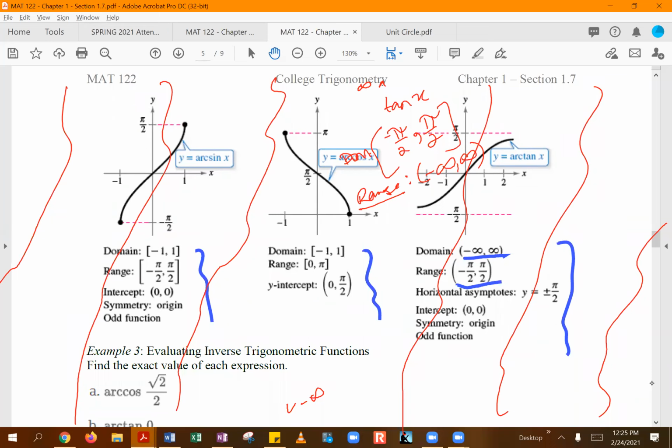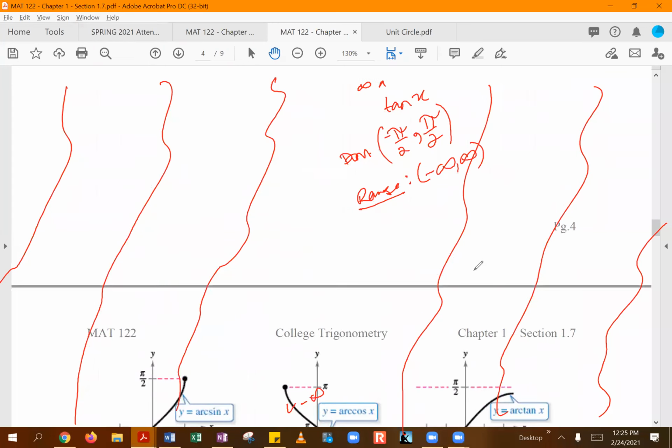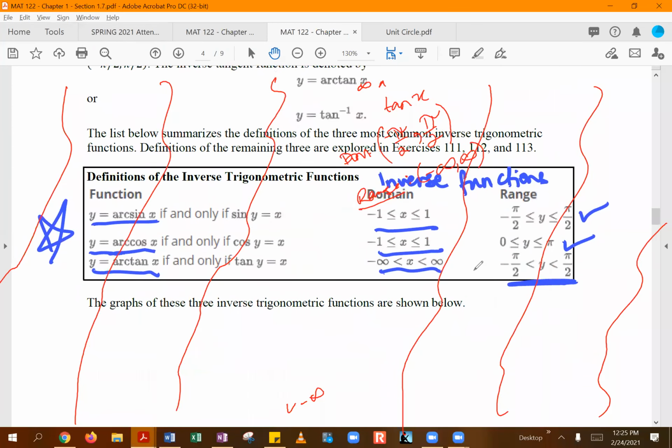And I just realized, yeah, these guys should be parentheses because you have asymptotes at negative pi halves and positive pi halves, so we can't include those. So yeah, those guys should be parentheses. So you can see that in your graph over here, or you can also see that in the domain and range for your arctangent function.